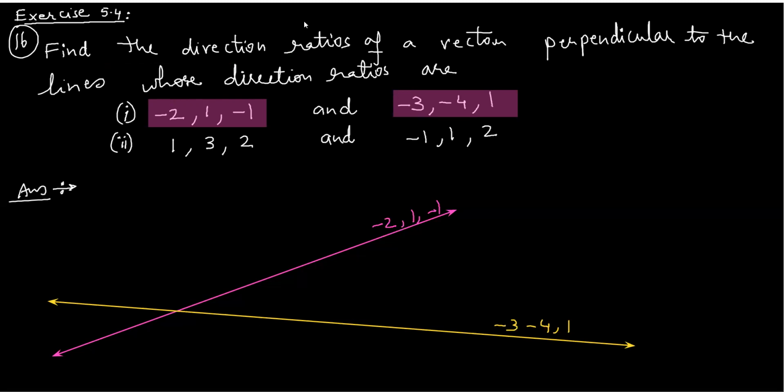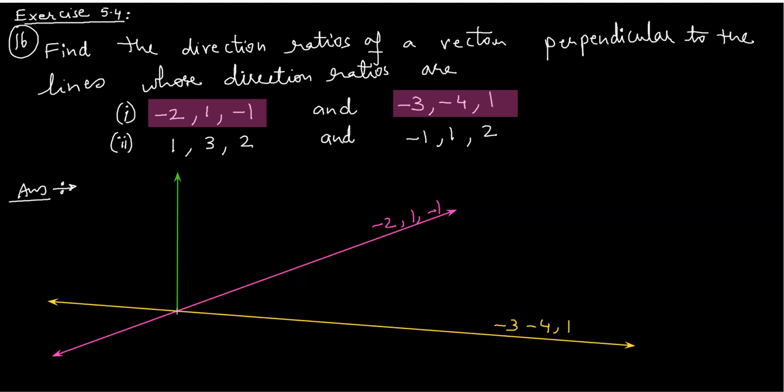Now, when it comes to a vector perpendicular to these two lines, the vector could be this way. You see that this vector is perpendicular to both the lines.